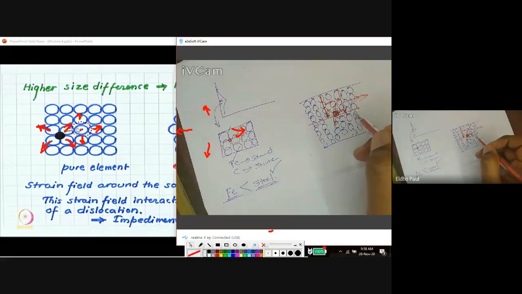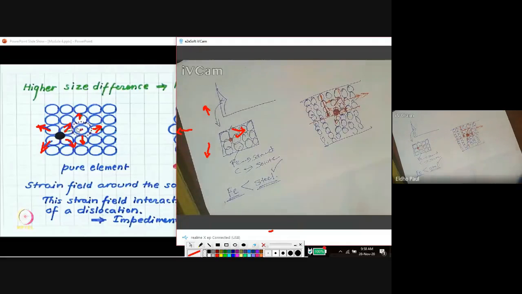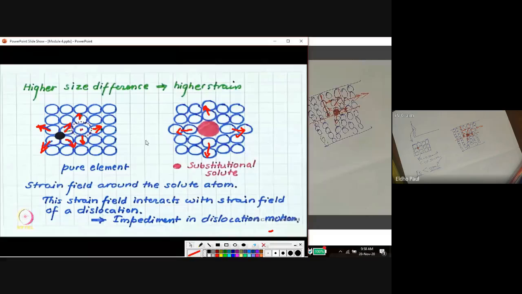So even if it is the same stress field, tensile and tensile, or tensile and compressive, this stress field created by the solute atom offers a resistance for the movement of dislocation. Thereby, the dislocation motion is arrested by the substitutional as well as interstitial solute atoms.